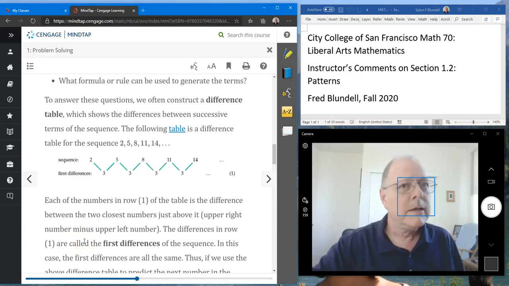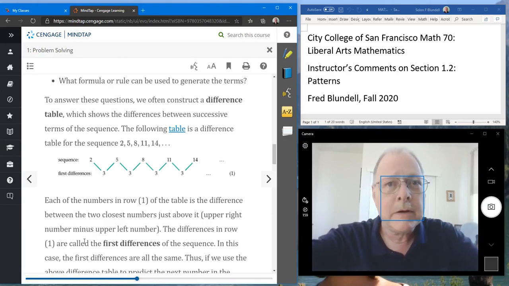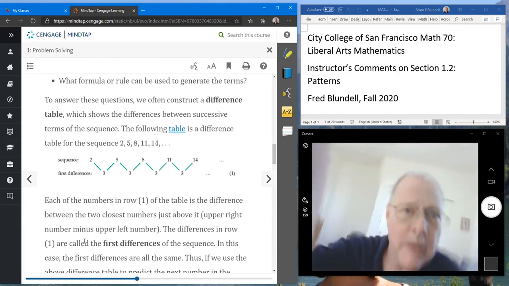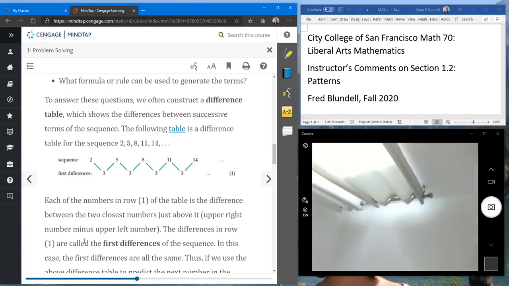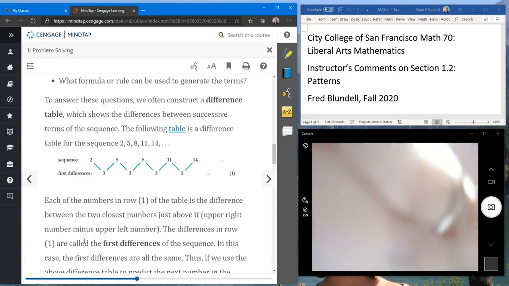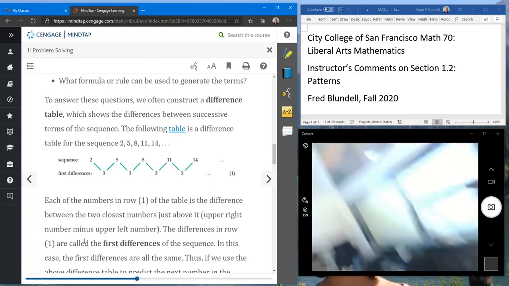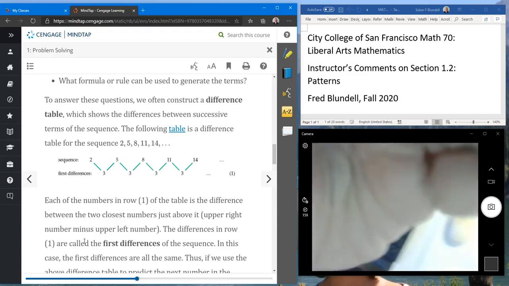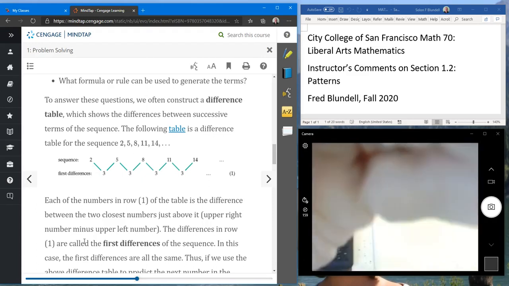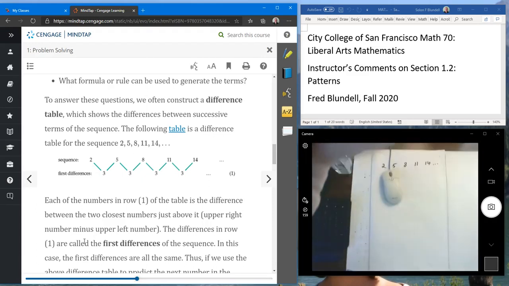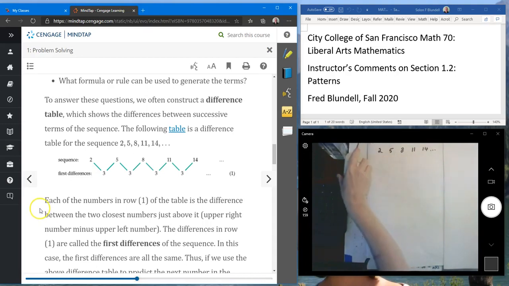And so I'm just going to move the camera over here to a piece of paper where I can write.